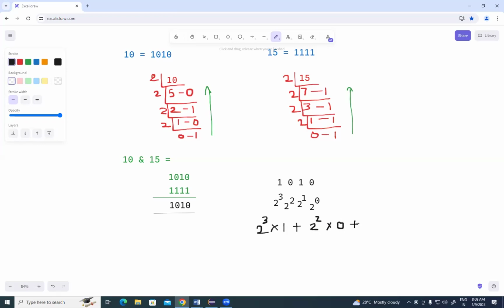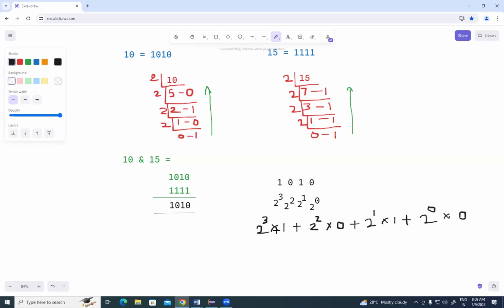Plus, next, tell me, 2 power 1 into 1. 1 is there, na? Yes. Into 1 plus. Tell me, 2 power 0 into 0. Final answer is 10. Am I folks clear?